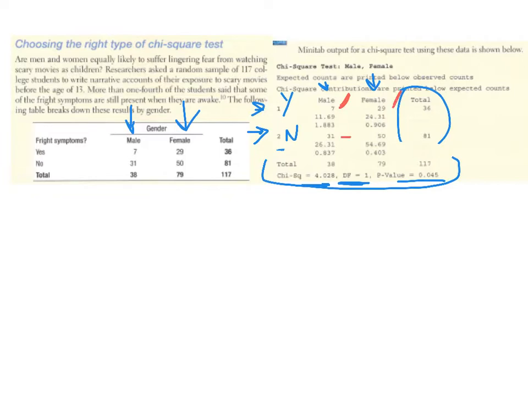And then we have these right below it: 11.69, 24.31, 26.31, and 54.69. Those are your expecteds. I just need you to be able to read that kind of data if they give it to you, because they could give you the data like that, and you just need to interpret it.